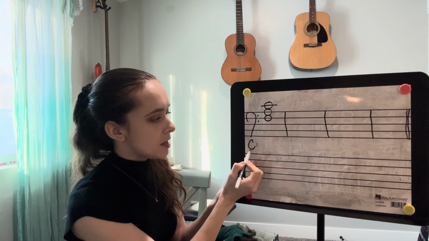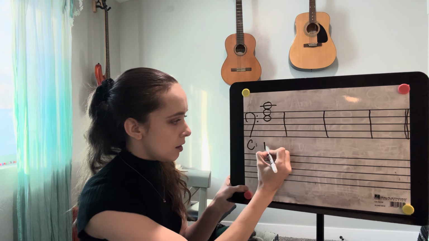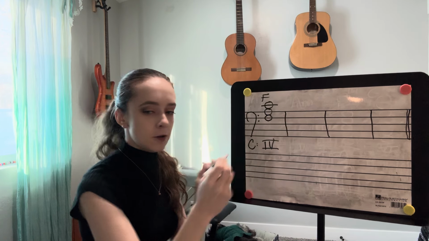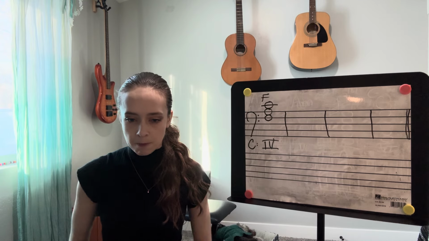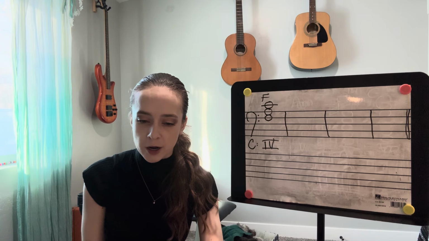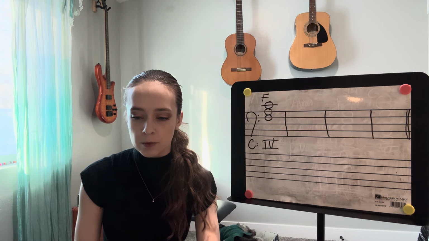All right, this time we're in the key of C, starting on this chord, F, A, C. So this is the 4 chord. Our chord symbol would be capital F. Here's your key again. We're starting here. Here we go, let's try this out.